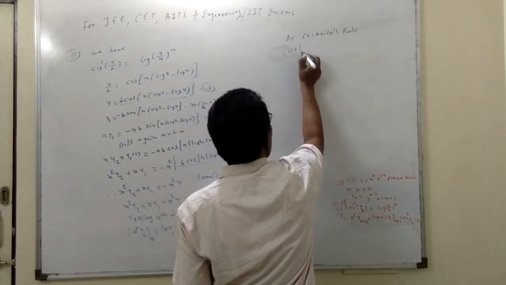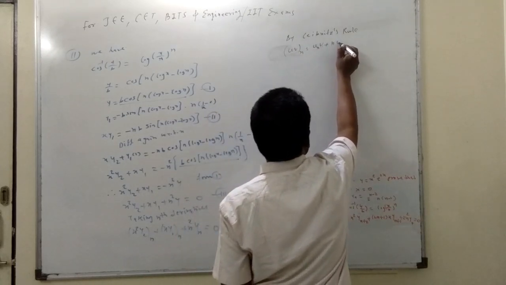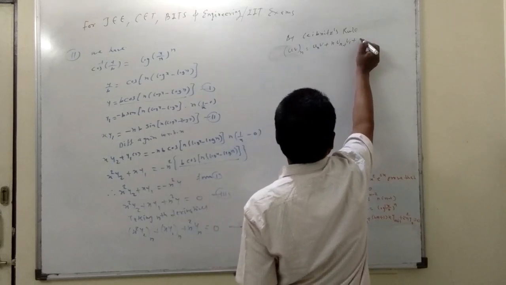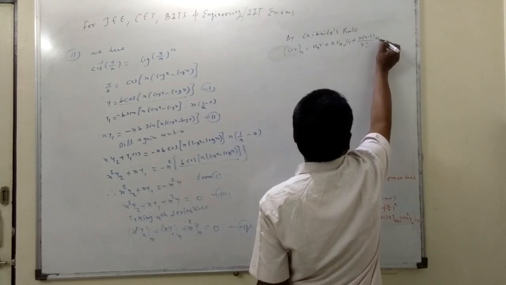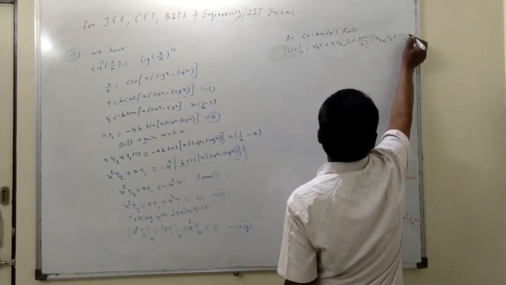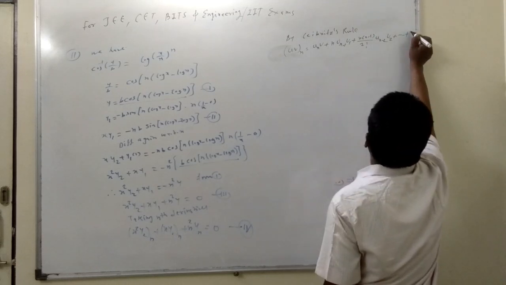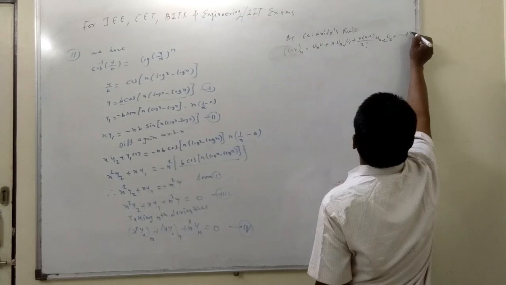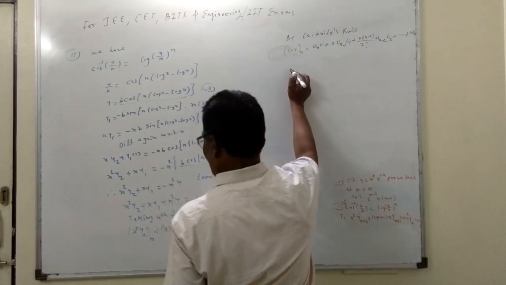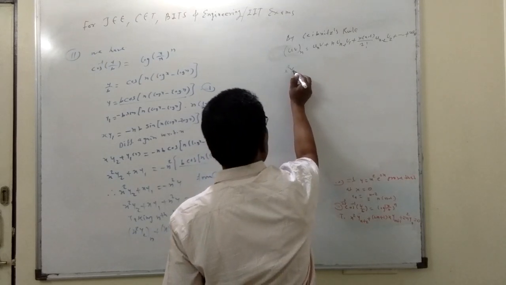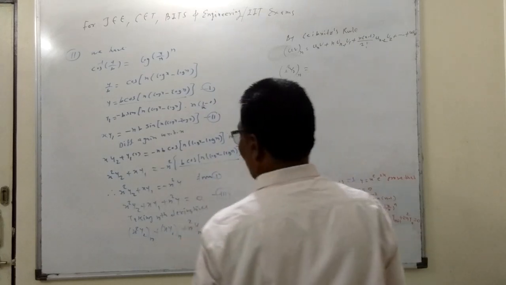You know (uv)n is equal to un v plus n un minus 1 v1 plus n(n minus 1) upon 2 factorial un minus 2 v2 and so on, last term is u vn. So by this rule we can write x square y2 nth derivative equal to, so un.